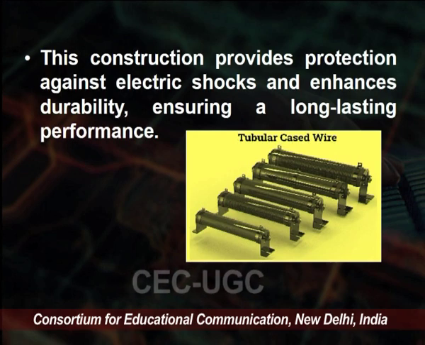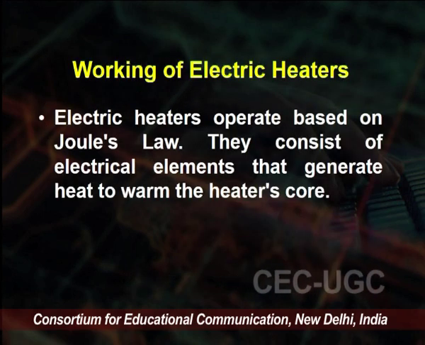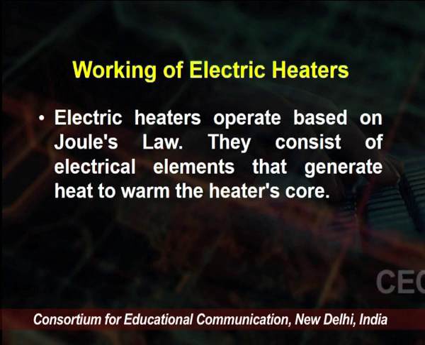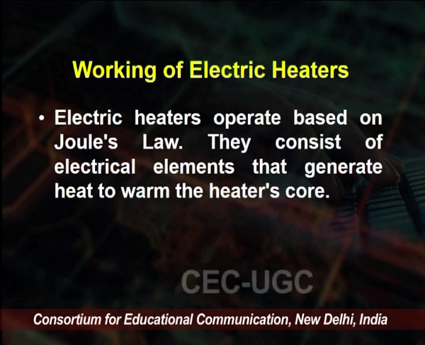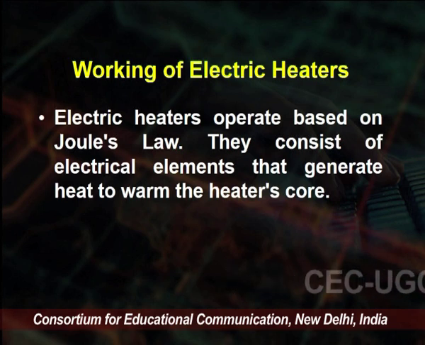So, what is the working of the electric heaters? Electric heaters operate based on Joule's law, as we discussed, and they consist of an electrical element that generates heat to warm the heater's core. As all heaters have a core, we have to warm this heater core.